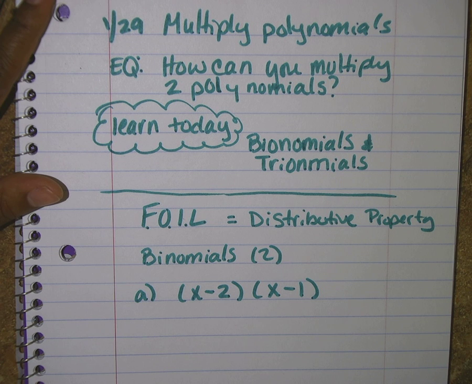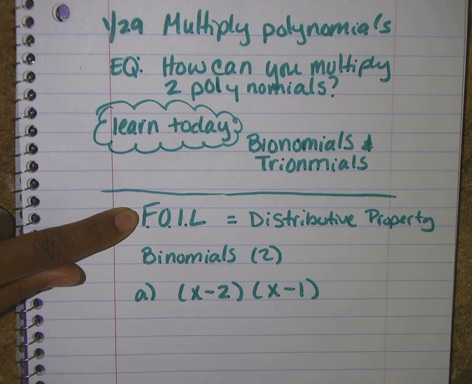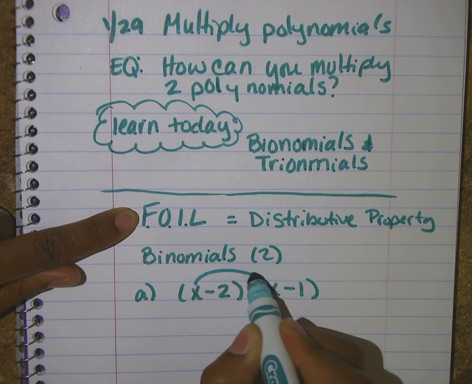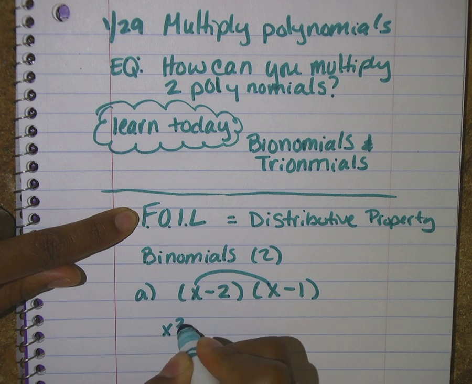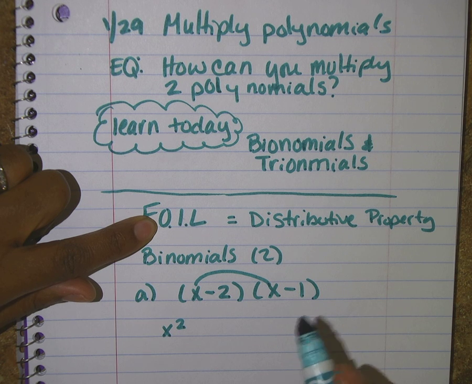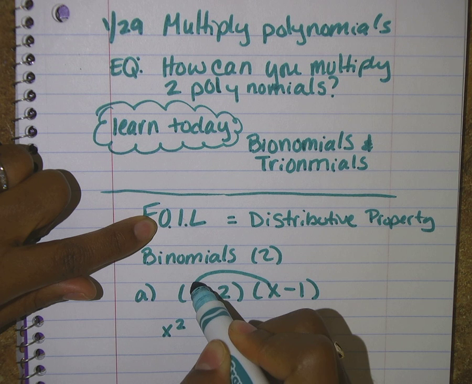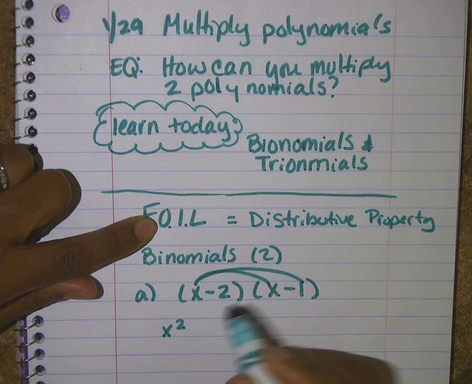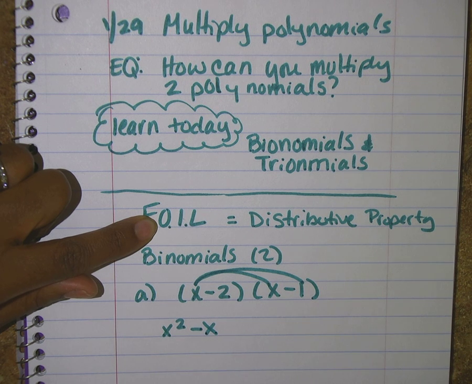FOIL means I'm going to multiply the first term in each of my binomials. So x times x is x squared. Then the O represents the outside terms: the first term times my last term, x times negative 1, which is negative x.